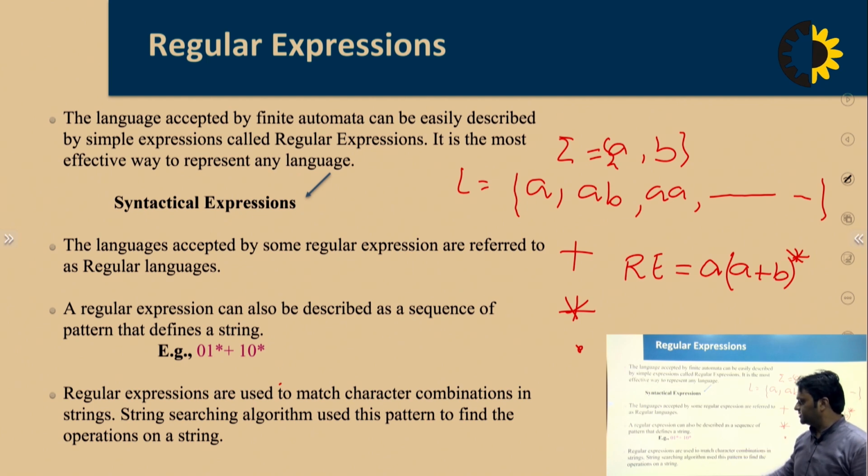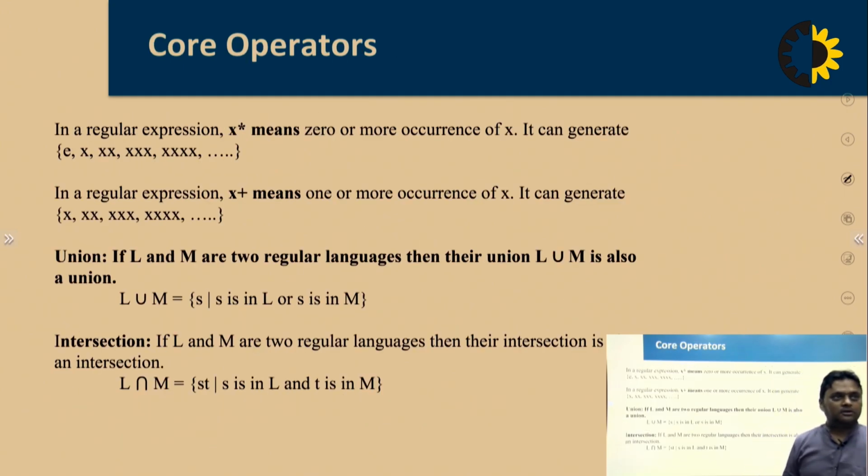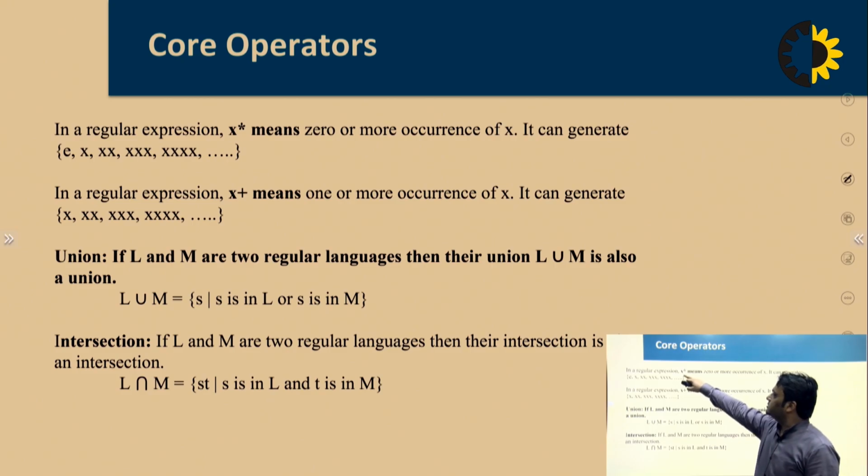Regular expressions are used to match character combinations in strings, and string searching algorithms use this pattern to perform various operations on strings. Some main core operators used in regular expression are, first, x star, the closure operator.